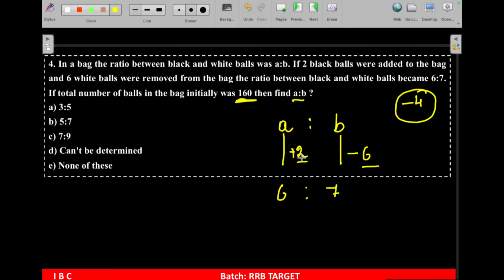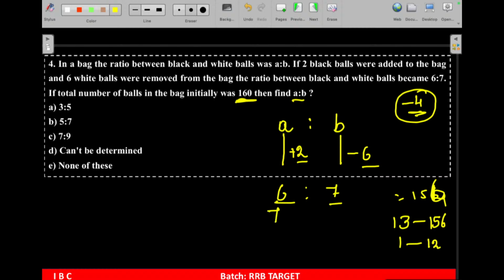Now I added 2 and removed 6, so the overall effect is 4 balls removed, which means now I have 156 balls. Now I can write 6 plus 7, 13 parts. 13 parts is equal to 156, so 1 part is equal to 12.